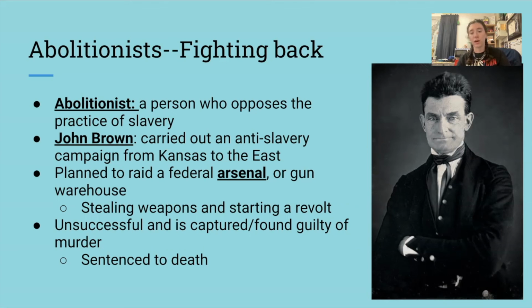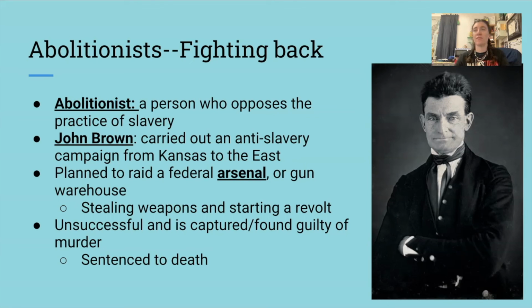The reason why he's going off to Kansas is at this time, we have 2 new states coming in, Kansas and Nebraska. And before this, there was this law called the Missouri Compromise. And that basically said anything above this line that they drew on the map, states coming in would be free states. Anything below would be considered a slave state. Okay.